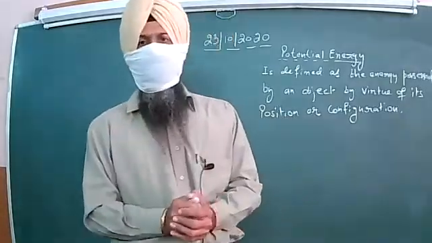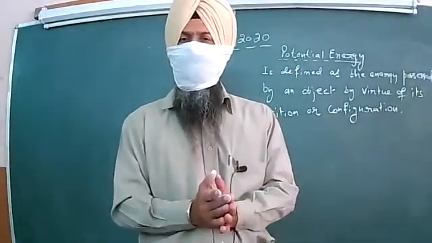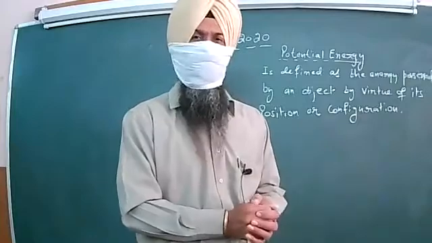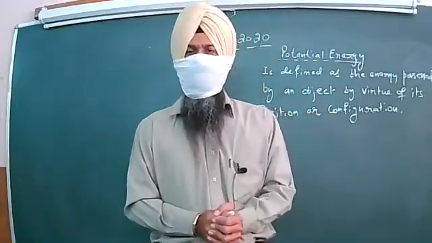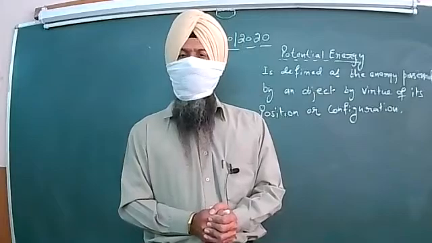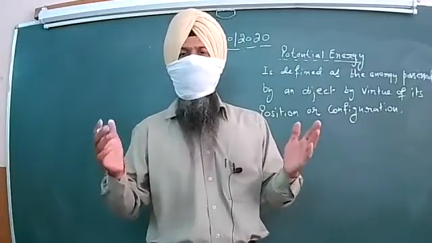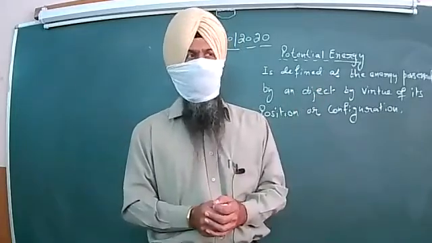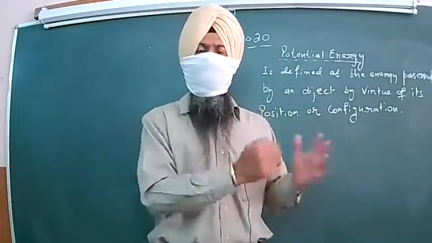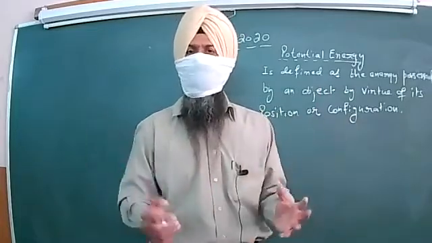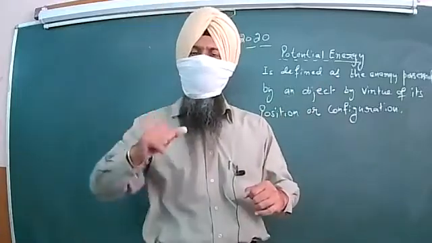The best example for this is the energy stored in the water present in a dam. You might have seen dams, Bhakra Nangal Dam or any other dam. Very high walls are made with the help of very wide concrete slabs. Water is stored up to a very large height.